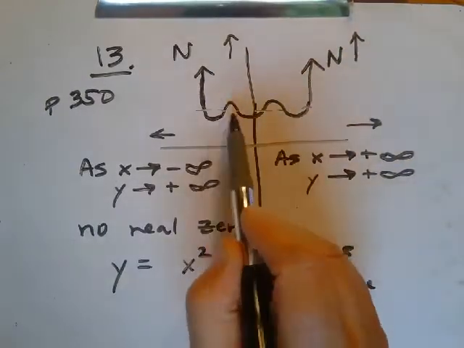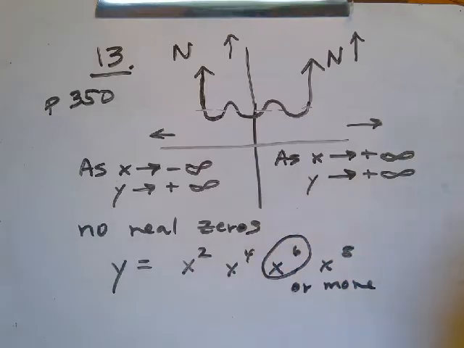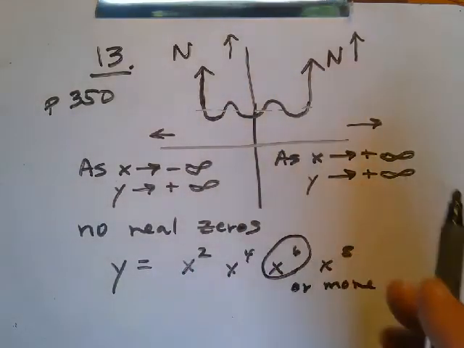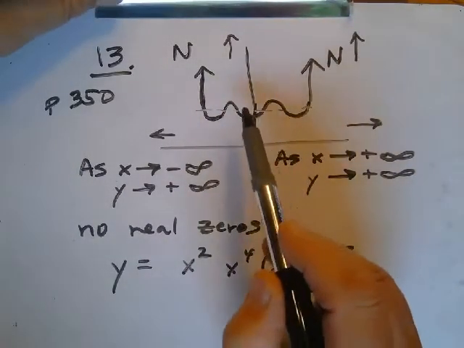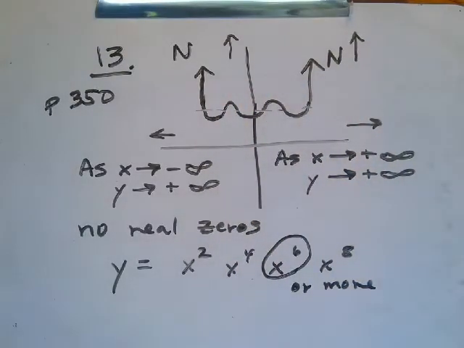So you're going to look at the number of bends to decide, well, it's got to be at least a 6th degree polynomial. If you're not sure, go ahead and put a 6th degree polynomial in your calculator if they give you one. You can kind of check that out. This is a little harder to determine, but you've got to look at how many bends it has. This can't be x squared. It can't be x to the 4th. It has too many bends in it.